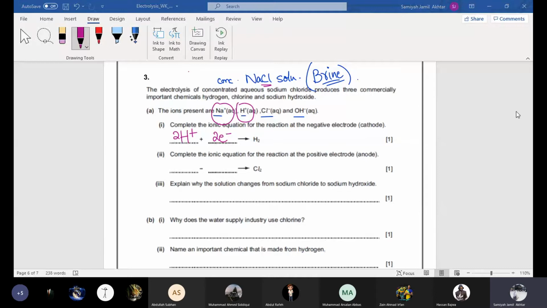Any other student? Ma'am, can I? No, just wait. Any other? Come on, there are 15 attendees. Who will complete the Cl equation? Chloride ions.